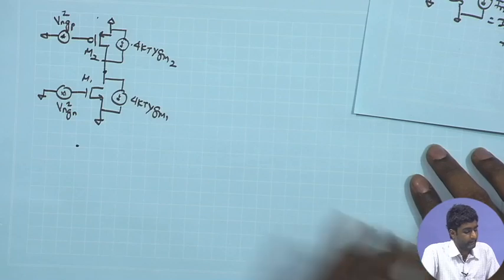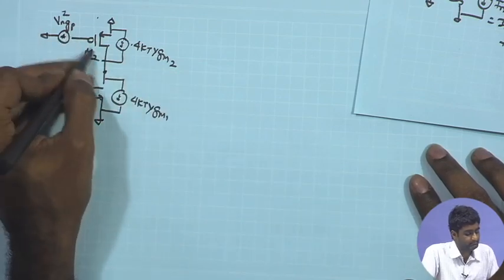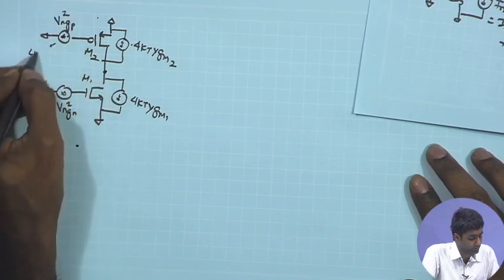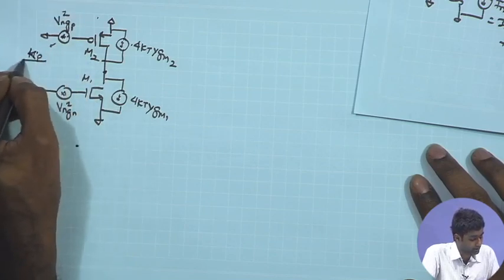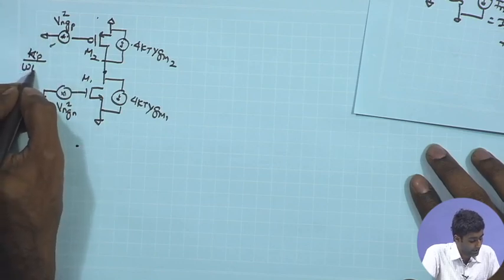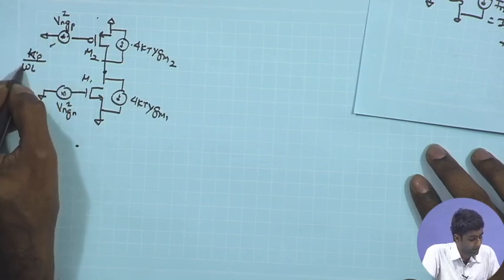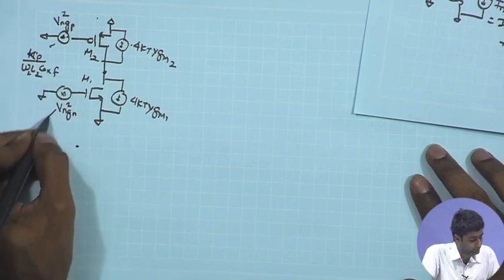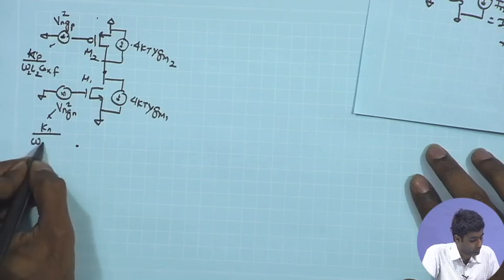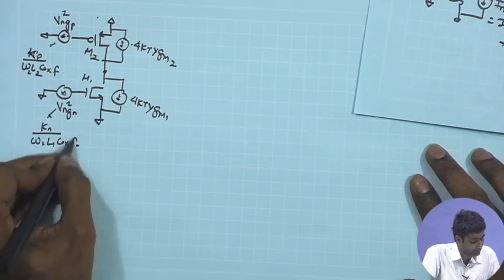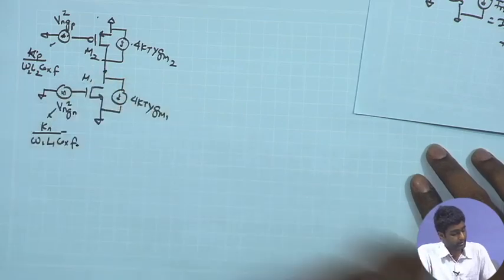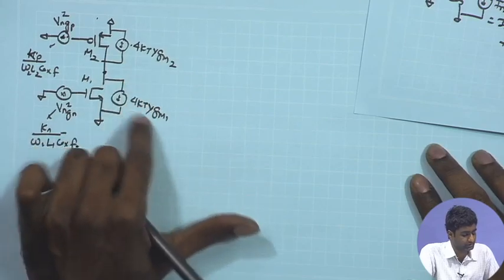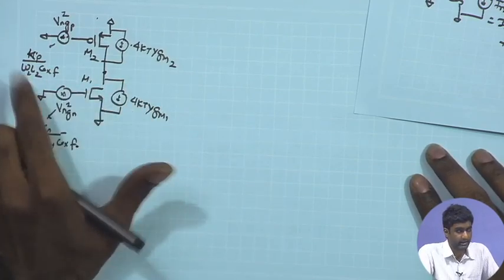Now, if we look at the Vngp square, we know that this value is Kp upon WL of P. So, I can call it W2 L2 COX times F. Likewise, this is Kn upon W1 L1 times COX times F, and then I can translate these two gate voltages also into the channel currents, just like we did in the case of the passive load, by multiplying with the GM square.